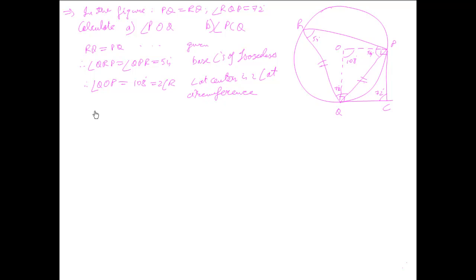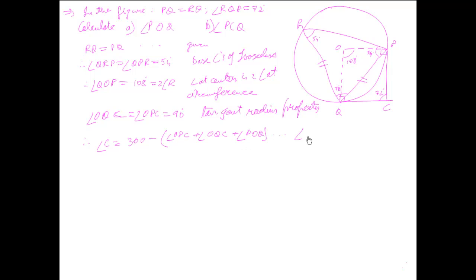Once we have this, children, angle OQC is equal to angle OPC equal to 90 degrees. It's tangent radius property. Therefore, angle C equal to 360 degrees minus angle OPC plus angle OQC plus angle POQ.